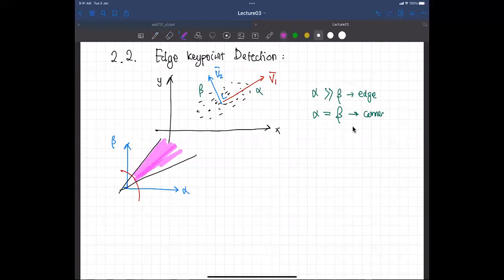In the end, we just want this as the indication of corners, and the rest are edges. Any questions here?